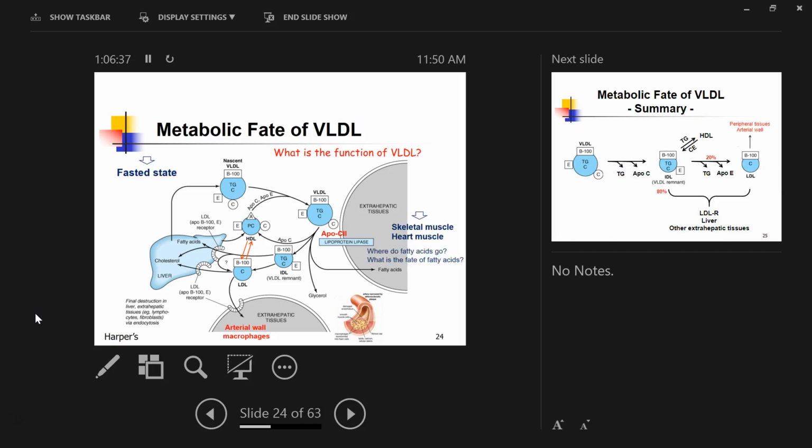Now, under the fasting condition, the process is the same: nascent VLDL is synthesized in the liver, receives ApoC and ApoE, and becomes a mature VLDL. The destination is different, as I mentioned earlier. Under the fasting condition, VLDL synthesized in the liver is transported to muscle.